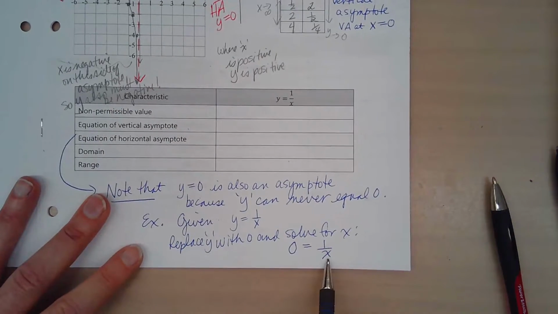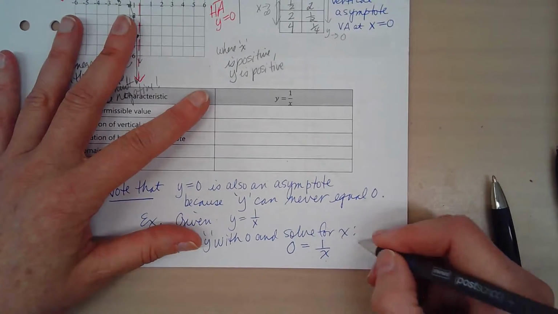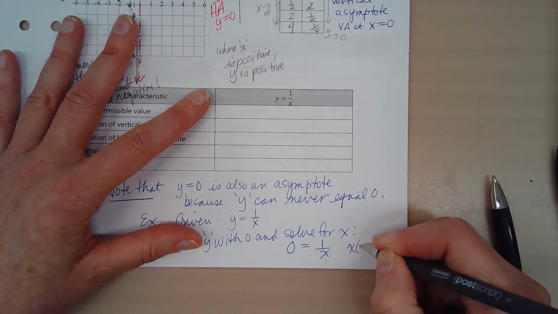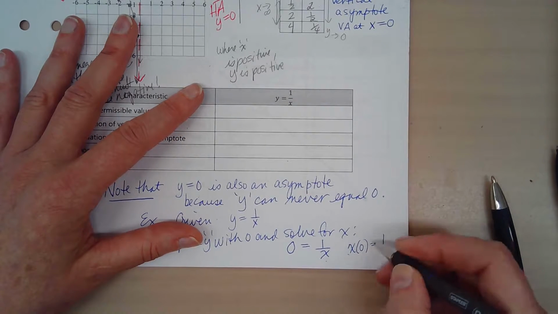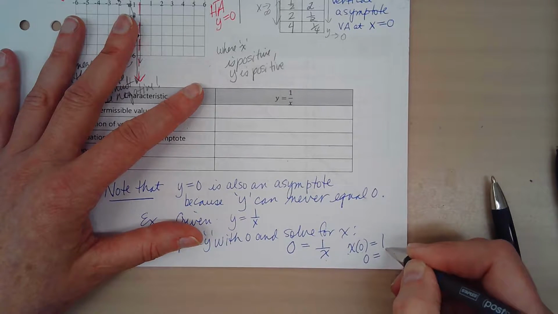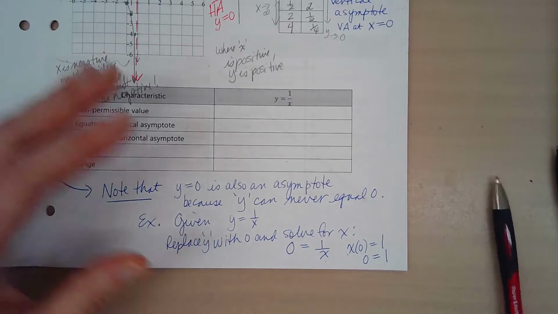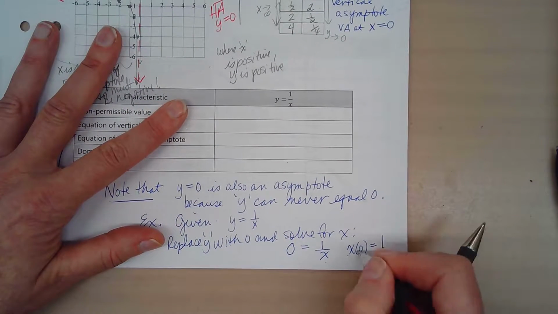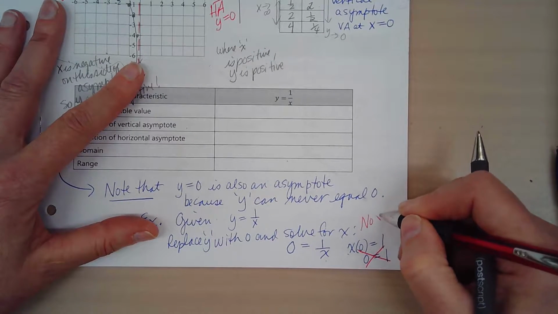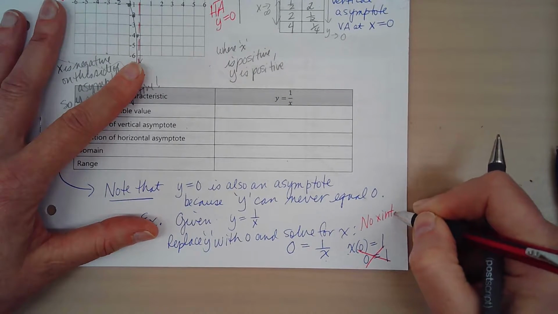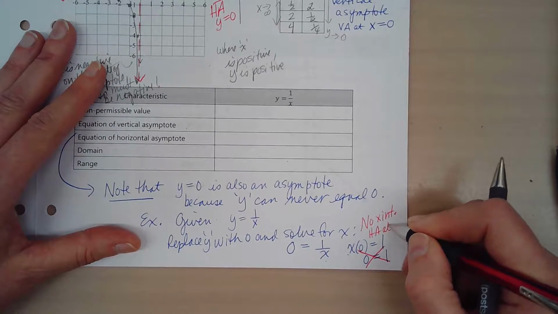Then what happens? If I'm cross-multiplying to solve for x, I'd multiply x times 0 equals 1. Anything times 0 equals 0. So then I get a statement that 0 equals 1, which is false, right? That's a false statement. So, not possible. That means there's no x-intercept. We have a horizontal asymptote at y equals 0.